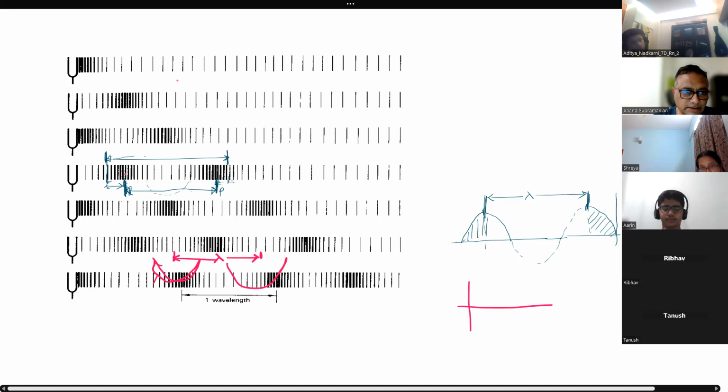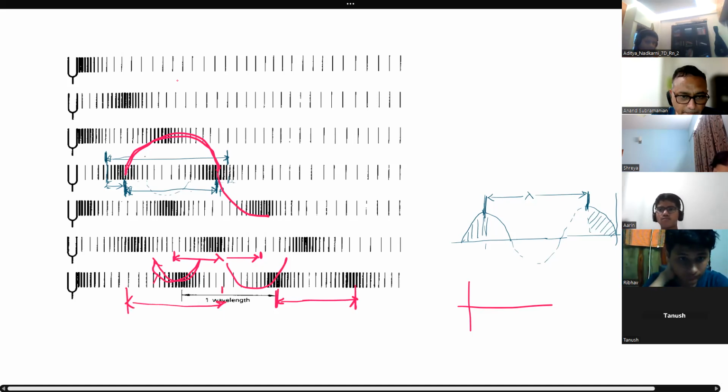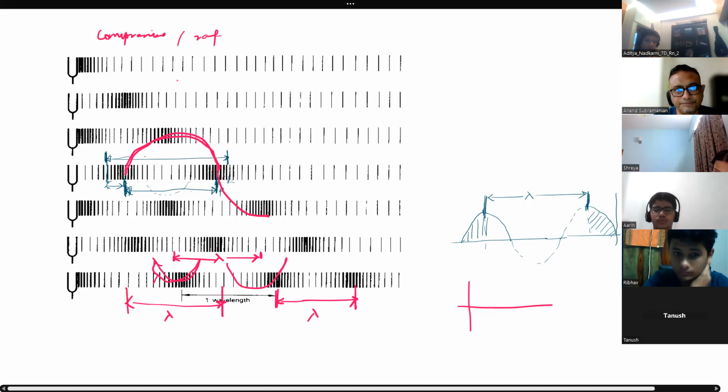Are you getting this, guys? Yes, sir. Okay, this is this wave. Then this is this wave. All right. So my whole point is that you should be able to visualize peak to peak and trough to trough and identify the wavelength even when you are given these kinds of diagrams, compression and rarefaction diagrams.